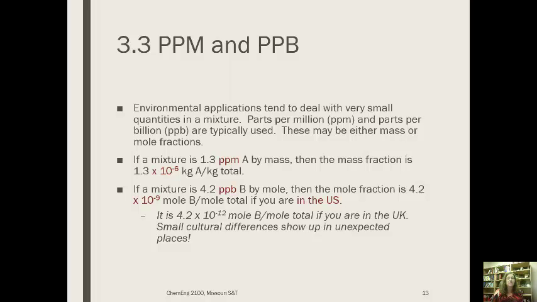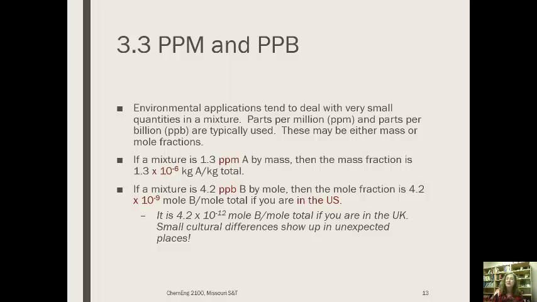When I have something that's in parts per billion, so 4.2 ppb of B in the substance, if you're in the US, that means it's 4.2 times 10 to the negative 9, because 10 to the 9th is a billion. But if you happen to be in the UK someday, a billion is a million million, so it's 10 to the minus 12th.